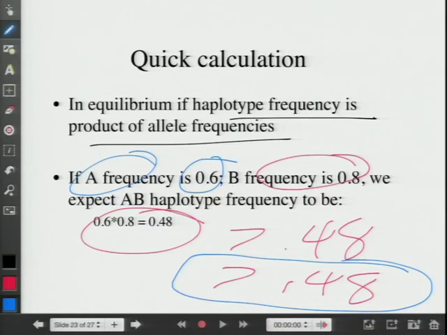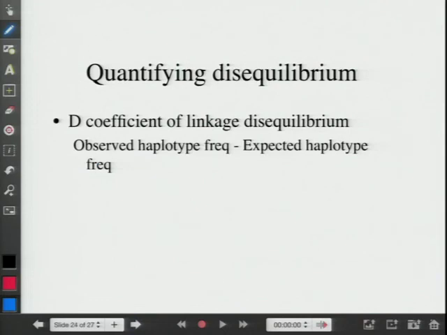So it's all one, really. You can quantify disequilibrium. There's a variety of different metrics. One is D, which is very simple: the observed haplotype frequency minus the expected haplotype frequency.